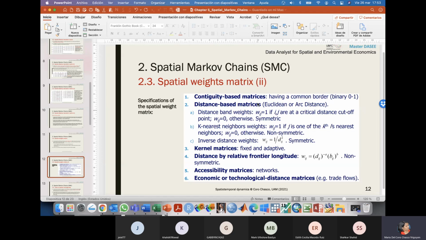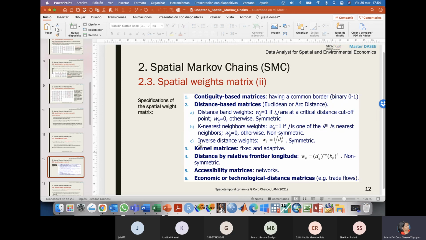And what kind of matrices? Well, there is the distance band. So I identify a band. A band is a radius around me. Sometimes you know this critical distance. You know that farther than X kilometers or wherever, it's impossible to consider neighbors to some locations.